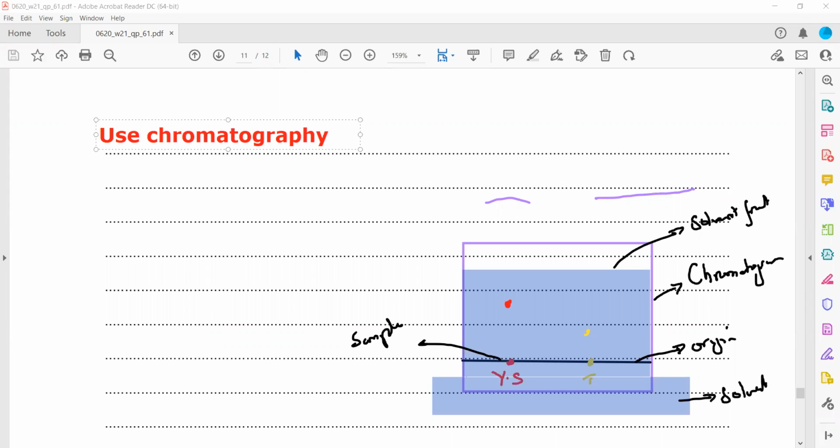Then we will dissolve the sweet in the solvent to make an extract of the sweet. We can use water. So first we dissolve the yellow sweet in water.